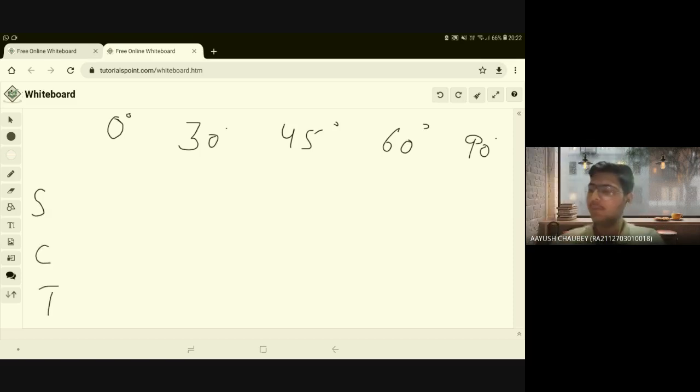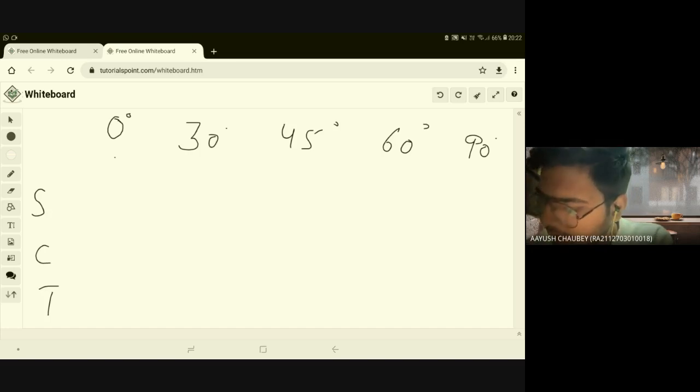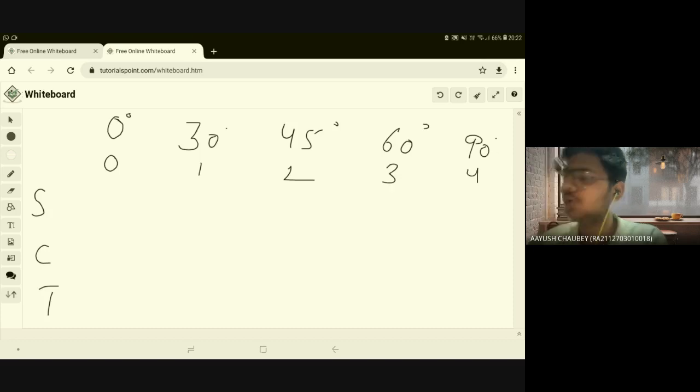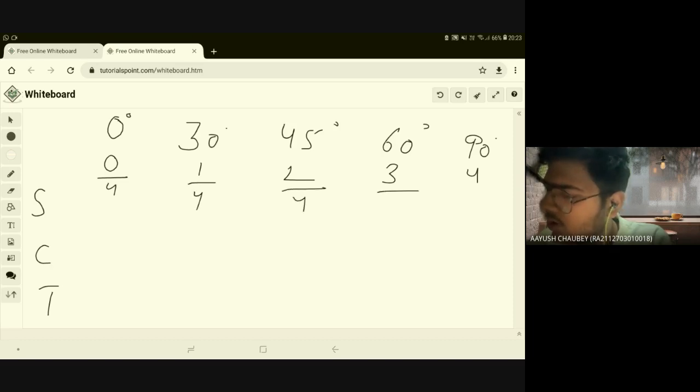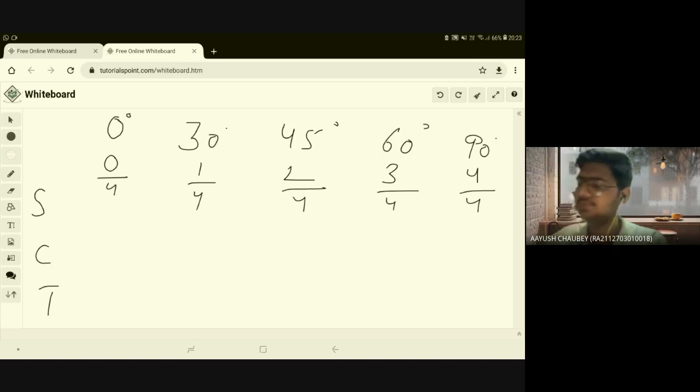The trick to memorize it is to write 0, 1, 2, 3, 4. Now divide all by 4, and take the square root of all of them.